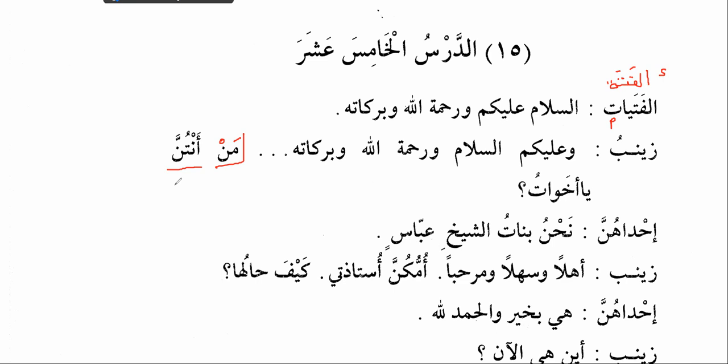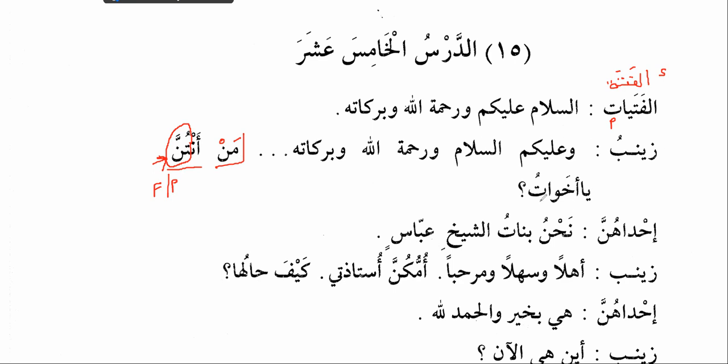We'll do this in the exercise, but for now this is known as the separate pronoun antunna. The tunna with the noon shadda, you can call it noon for noon in niswa for jama muannath. So seeing the noon with shadda tells you that this pronoun is for feminine plural.